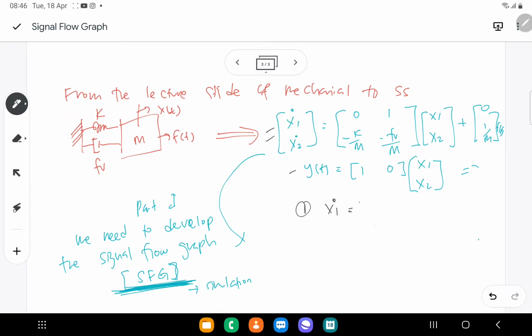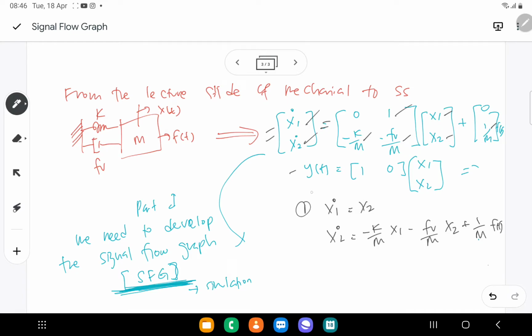x1 dot equal to x2. Based on this one, x1 dot equal to x2 only. Then x2 dot here equal to negative k over m x1 minus fv over m x2 plus 1 over m ft.